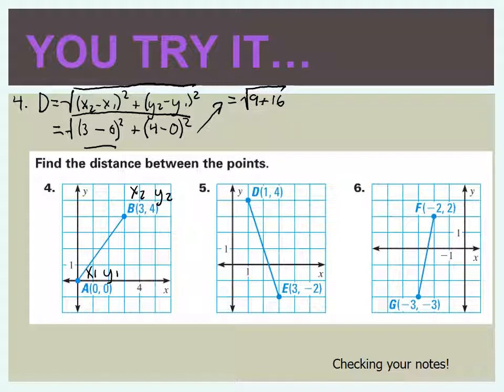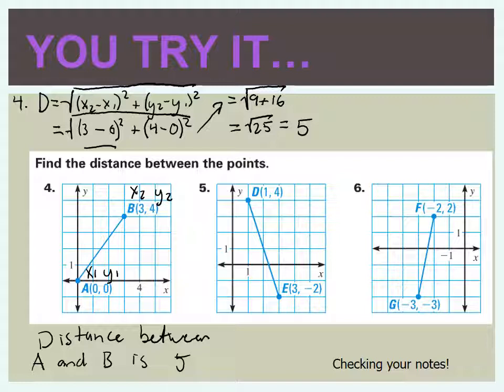Well, 9 plus 16, I get the square root of 25, and that's one of our perfect squares. So the distance between point A and point B is 5. I want you to do the other two examples.